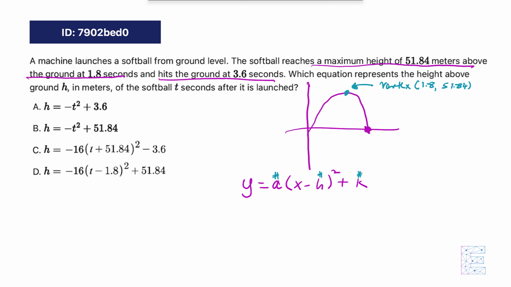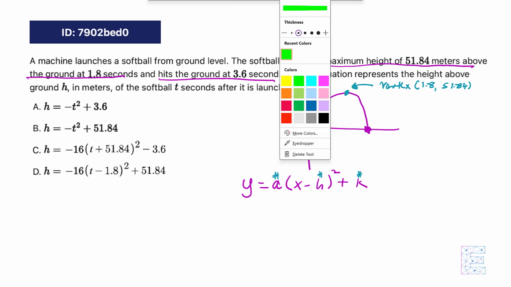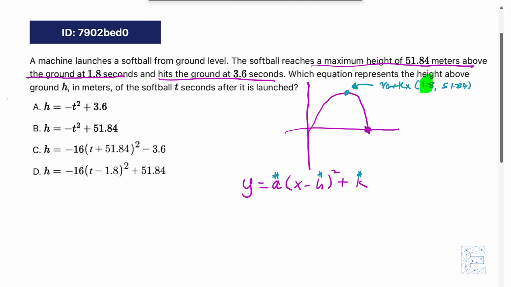Thankfully, we already have h and k because those come directly from the vertex. Only remember to change the x value. This is the h, this is the k value. When you know the vertex, only change the sign of h. So we have this: (x minus 1.8) squared plus 51.84.